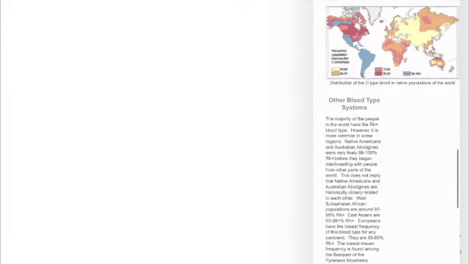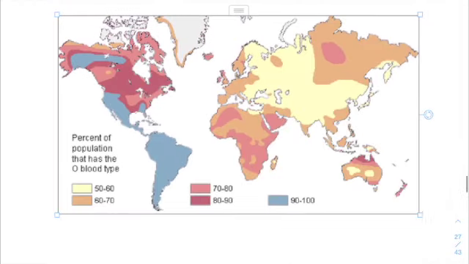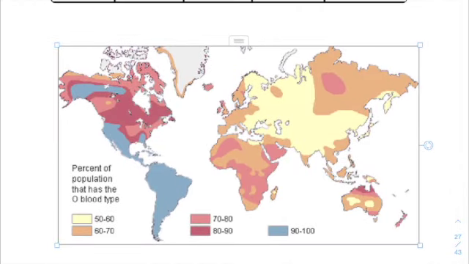Here's the distribution of O-type blood. And I believe in our evolution section, I mentioned how O-type blood has a certain prevalence because the group benefits from O-type blood. So O-type blood does not have antigens on the outside, so it's much easier to use for mixing blood.